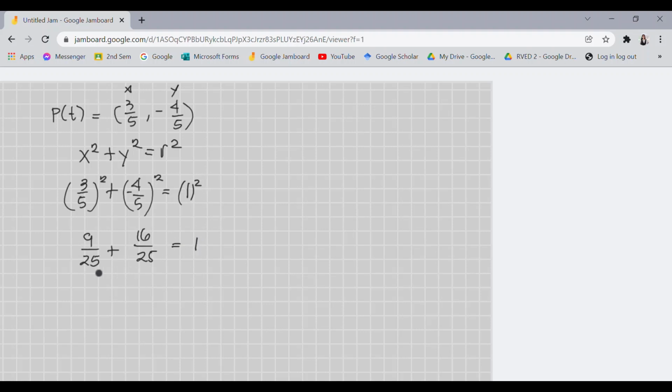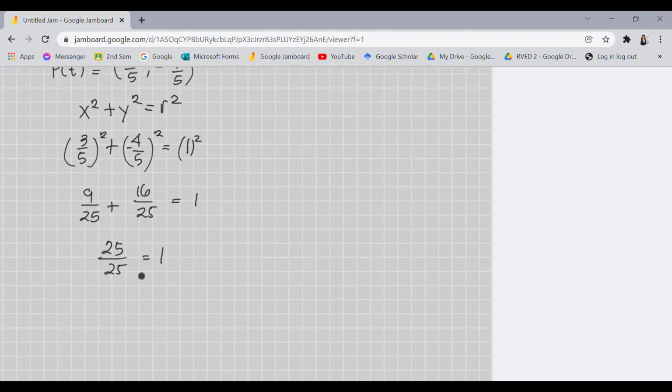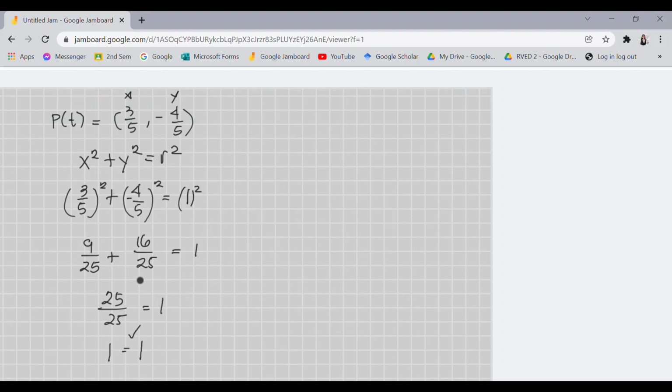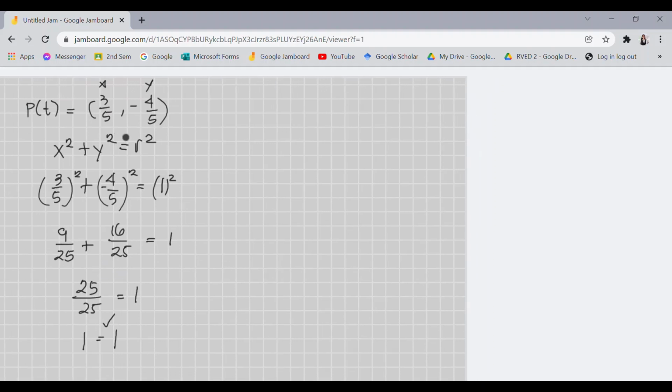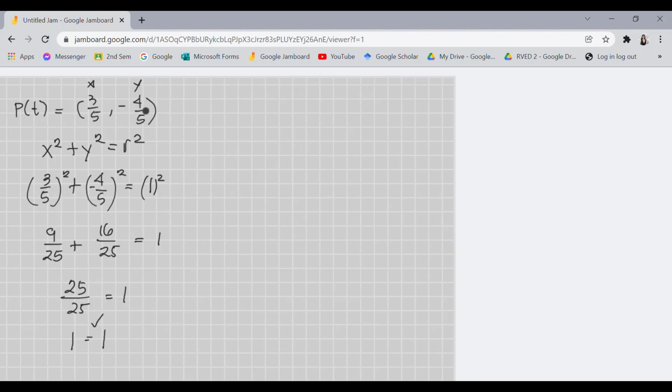The common denominator is 25, so we can add the numerators. We have 25 over 25 is equal to 1, which is correct, 1 is equal to 1. Therefore, from this solution, the given point is actually in the unit circle with radius of 1, of course.